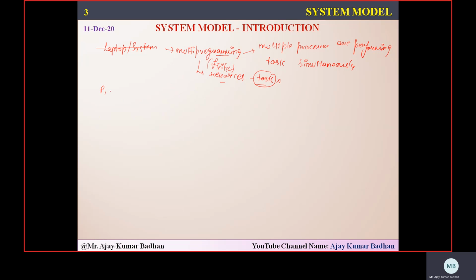Whenever a process requests a resource, if that resource is available, we can immediately allocate it. But if the resource is already held by another process, we cannot give it immediately, so we make this process enter a waiting state.